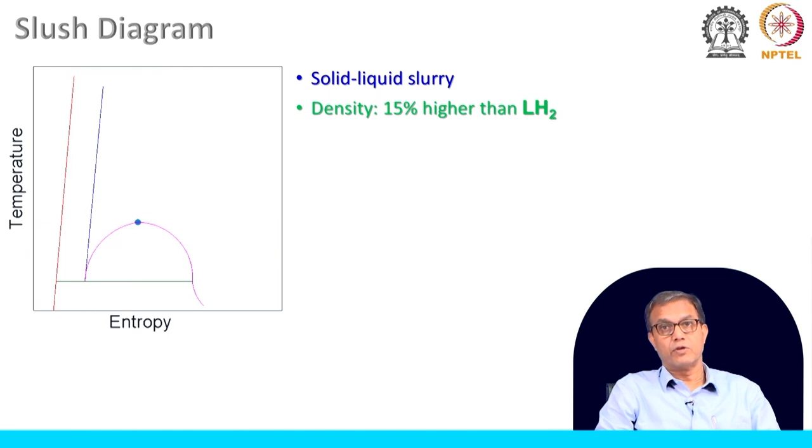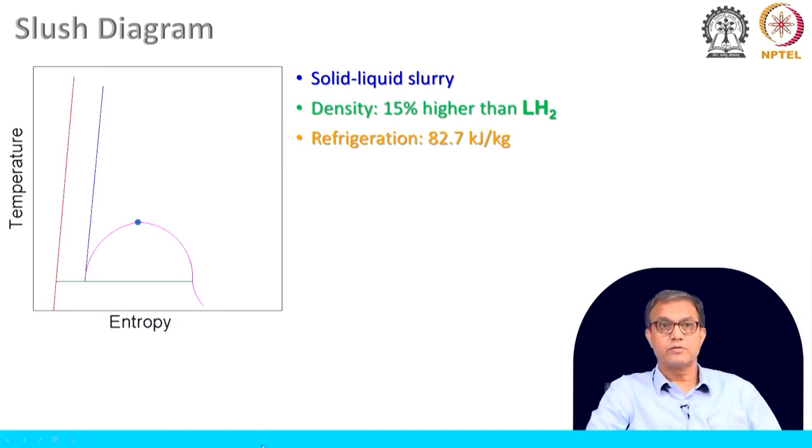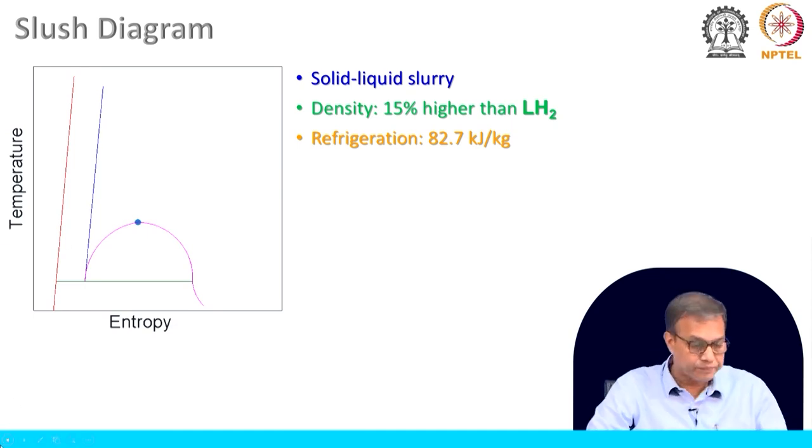But when we use this solid-liquid slurry, or slush hydrogen, we can have an additional refrigeration of 82.7 kilojoule per kg. So, if we have some amount of liquid hydrogen mixed with solid hydrogen, that is somewhere in this region.